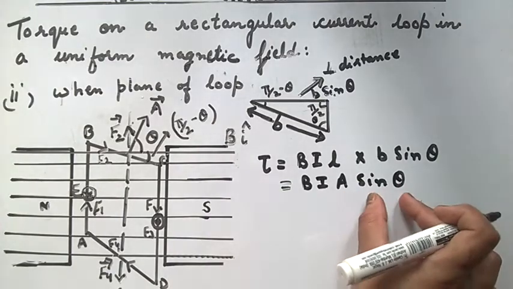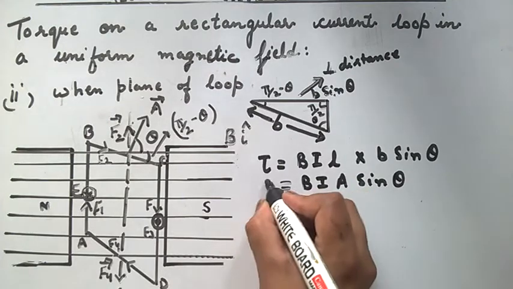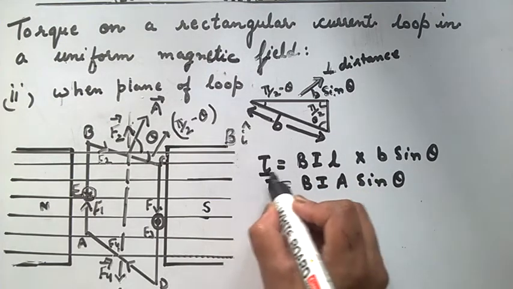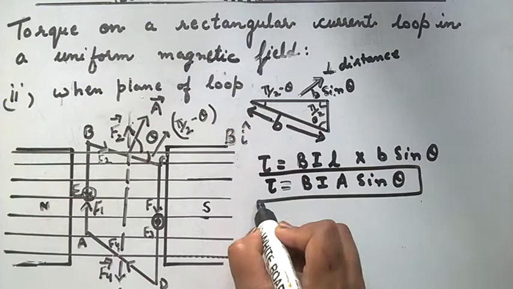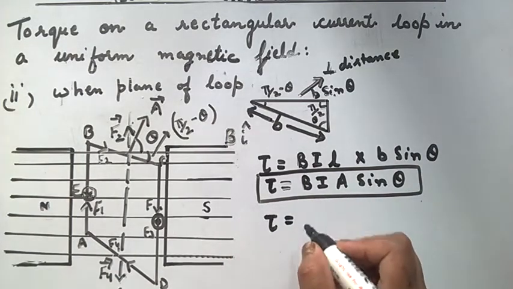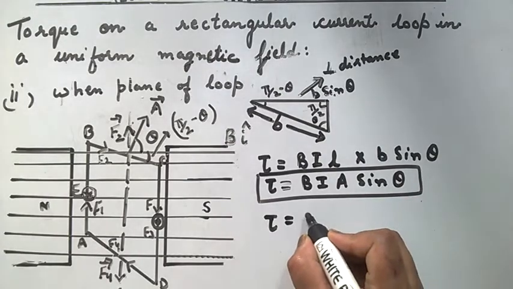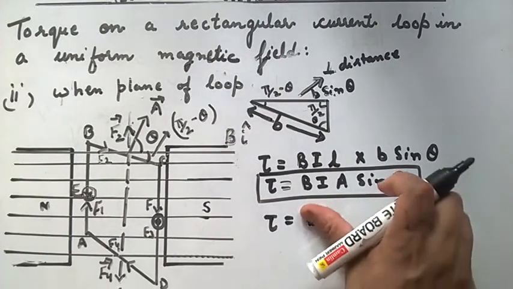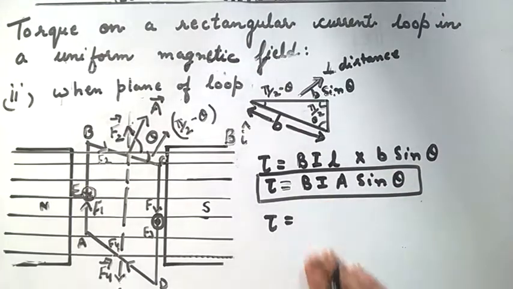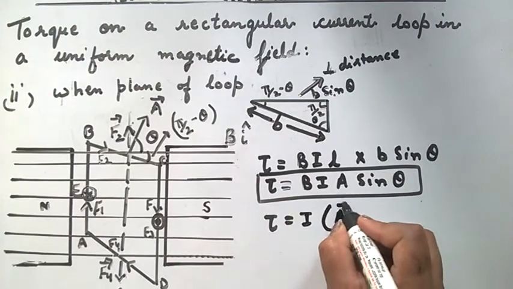That is, this is less than the previous value. Or we can write it in this way also, that torque is equivalent to BI magnitude of A cross B vector.